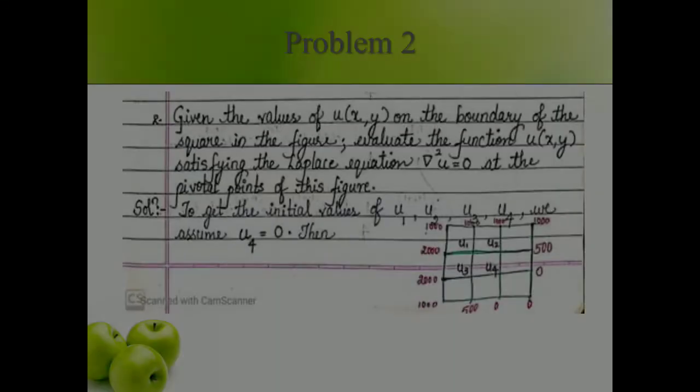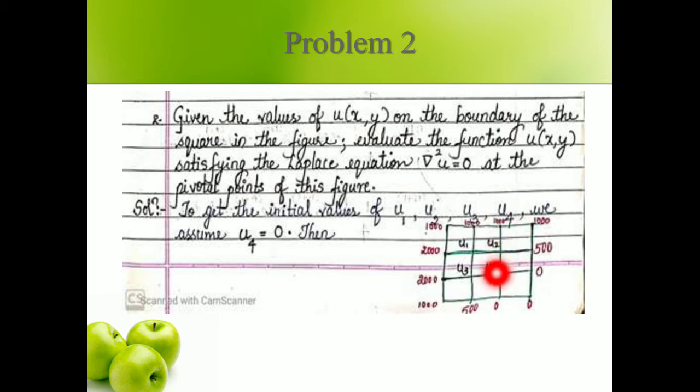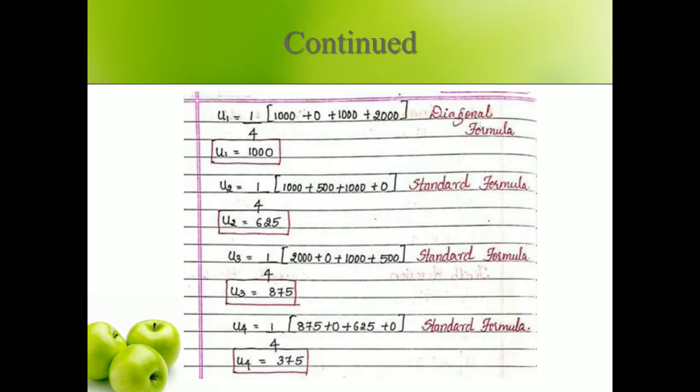For u2, you use the standard formula: 1000, u4, then 2000, then 5000. u4 is again 0, so you can use 0 to find the u2 value. Similarly, find u3 using the standard formula: 2000 plus 1000, 0 plus 1000 plus 500, divided by 4. For u4 you use the standard formula again: u4 is equal to 1 divided by 4 (875 plus 0 plus 625 plus 0). So u5 will be equal to 375.